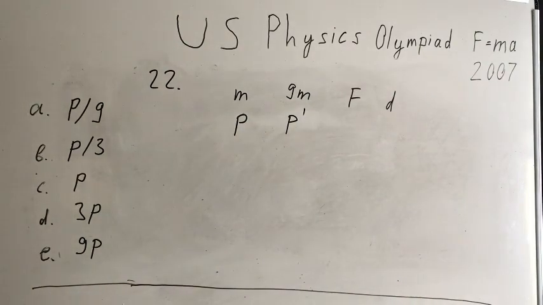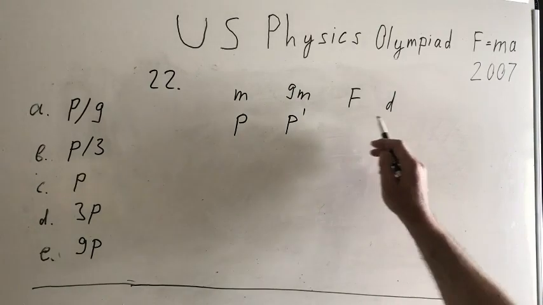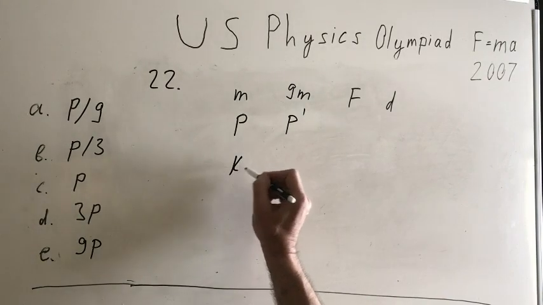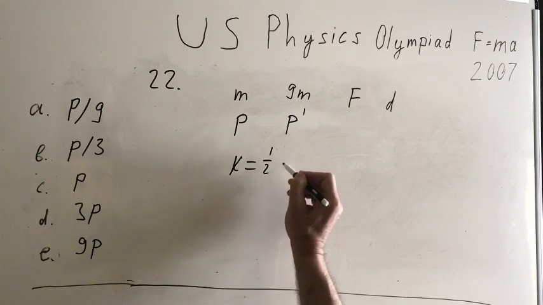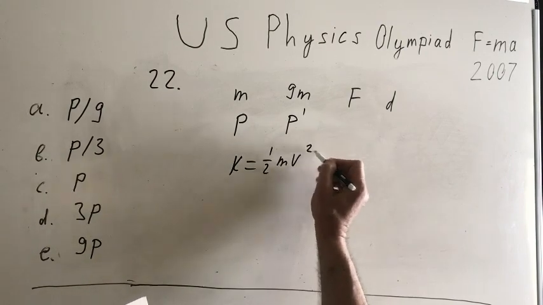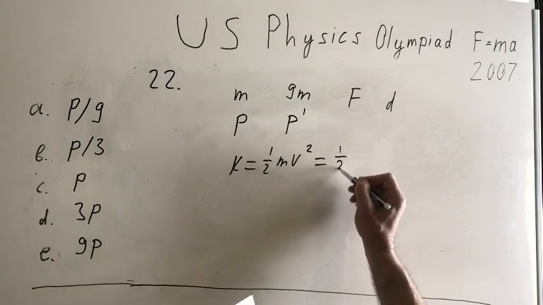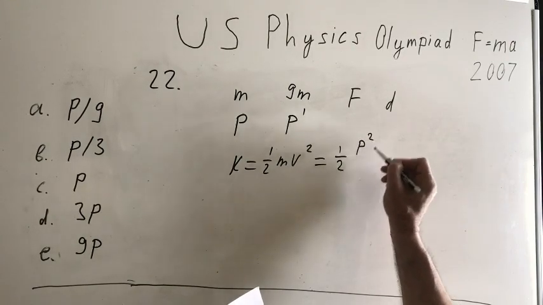So to solve this problem we need to note that if the same force acts on the same distance, it means that both rockets get the same kinetic energy, and the kinetic energy has this expression, 1/2 mv squared, which we can write through momentum as p squared over 2m.